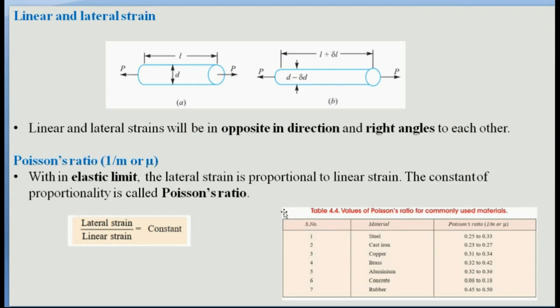Poisson's ratio is the ratio of lateral strain to the linear strain or longitudinal strain.